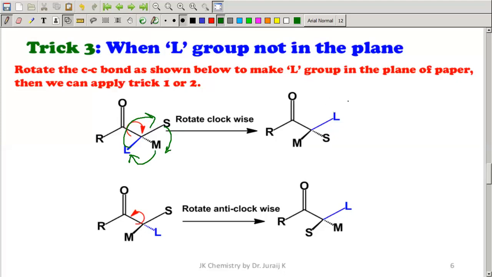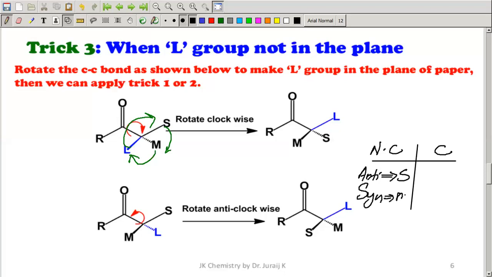If there is no chelation, we have prepared a table, no chelation and chelation. In the case of no chelation, anti attack takes place from the small side, syn attack takes place from the medium side.